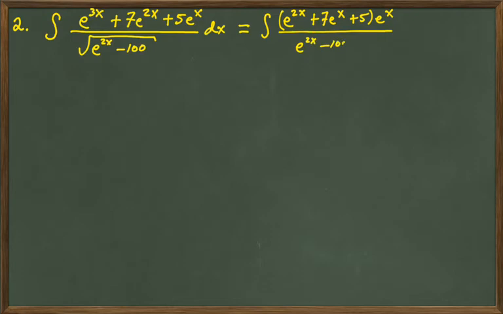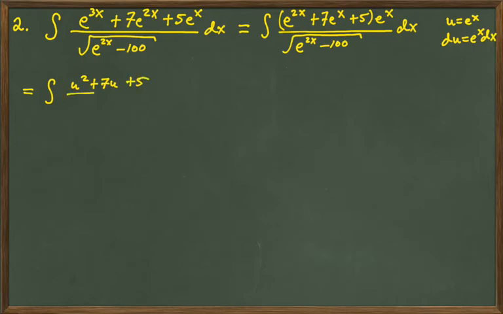So you factor an e to the x out of the top, and then we're going to do a u substitution. u is equal to e to the x, so du is equal to e to the x dx. Our integral becomes u squared plus 7u plus 5, all over the square root of u squared minus 100, du.